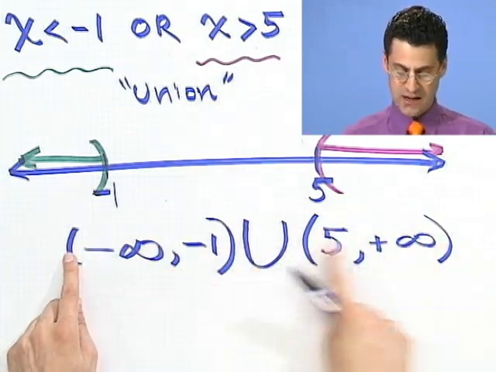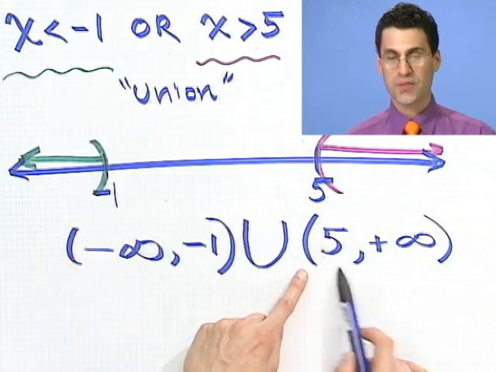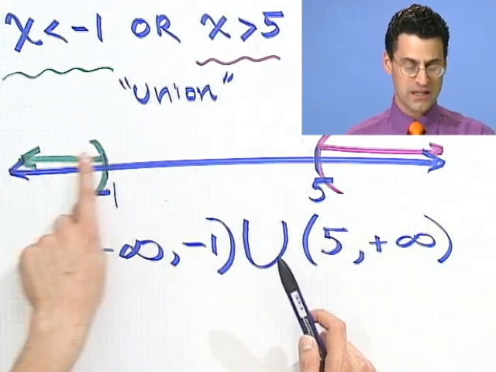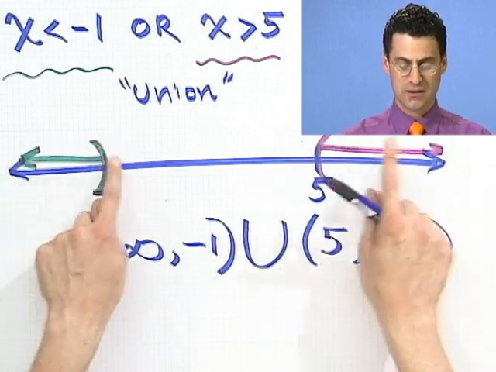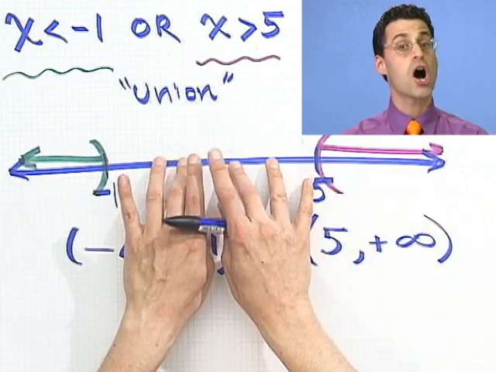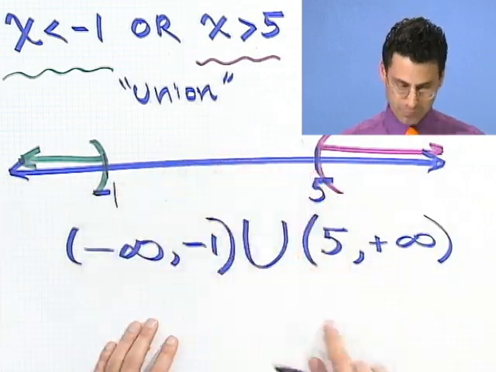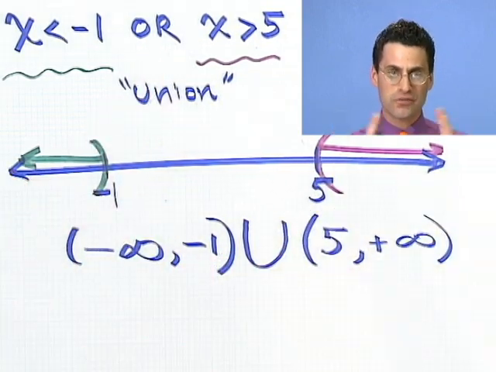So this symbol means the union of this interval with that interval, which means all the points here with all the points here, unioned together. So any point where my fingers are is in the union. These points here are not in the union. They're not in the union. So OR means you put intervals together, and AND means you look for where they overlap.